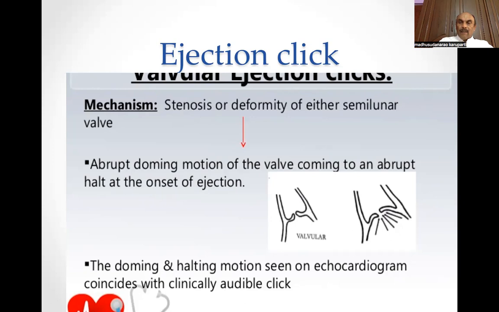You cannot appreciate the clicks when stenosis is at the subvalvular or supravalvular level. It's only valvular pulmonic or aortic stenosis of mild to moderate degree in which you can appreciate clicks.